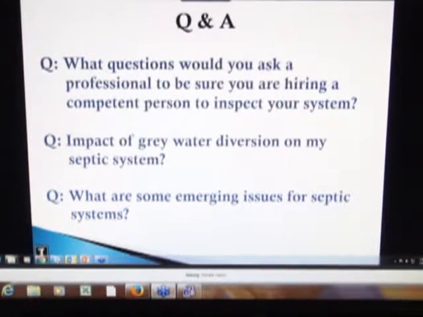So it's very, very difficult to do the discharge to the ditch like has been done for the last 15 or 20 years. Now you have to use the aerobic treatment unit, and what they allow you to do is reduce your drain field size by 1/3. When the water comes out of the back of the aerobic treatment unit, it's supposed to be much cleaner than out of a conventional septic system.